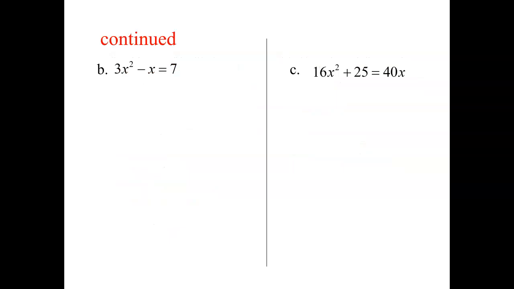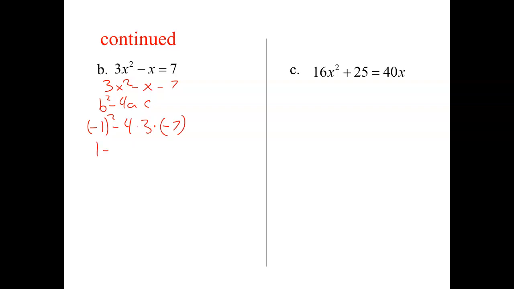Standard form? Get it in. Okay? Discriminant formula, b squared minus 4ac. What's my value of b? -1. What's my value of a? 3. And c? -7. Okay?